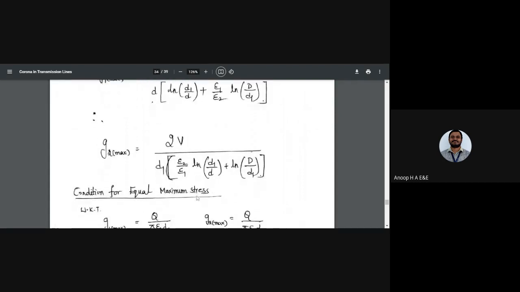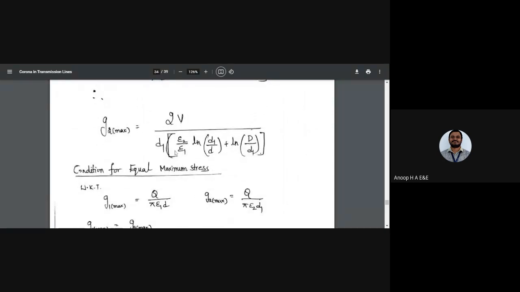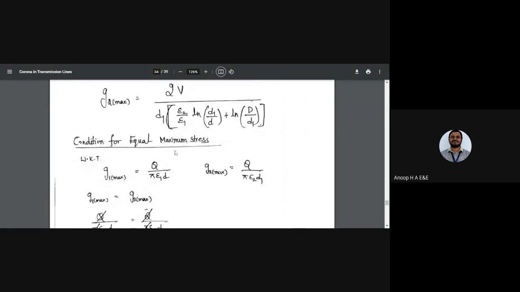And G2 max, on a similar basis, we are going to get 2V divided by d1 times epsilon 2 by epsilon 1 ln of d1 by d plus ln of D divided by d1. So that's what you are going to get for G1 max and G2 max in terms of voltage, the permittivities, and also the diameter term.